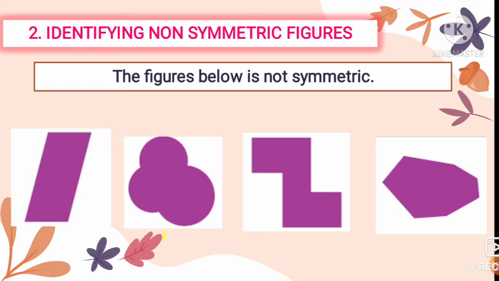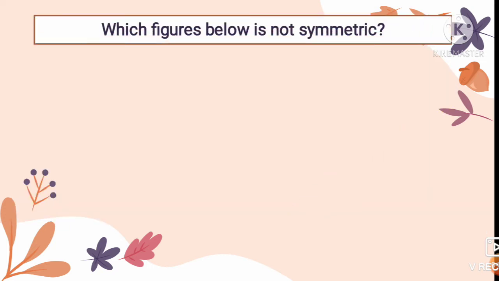What about this? Imagine the line of symmetry that you can put. You put here and here, they still cannot fit exactly. And also this. So these figures are examples of non-symmetric figures. Keep that in your mind.